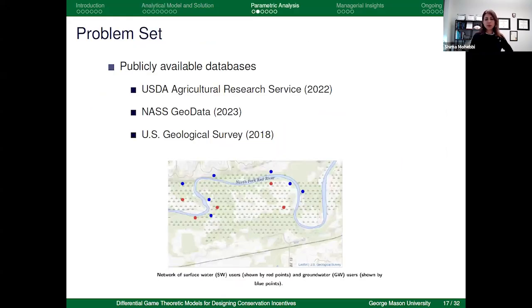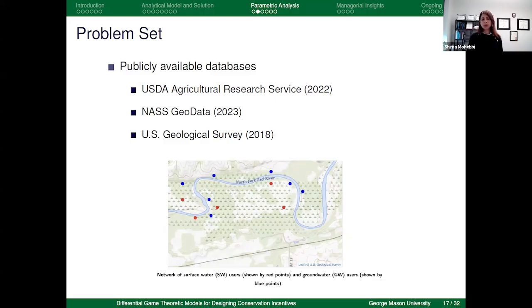Now, to demonstrate the model's applicability and conduct sensitivity analysis, we defined a practical problem set. We draw information from publicly available databases to find crop values over different periods of time, information on water withdrawal for surface water and groundwater users.